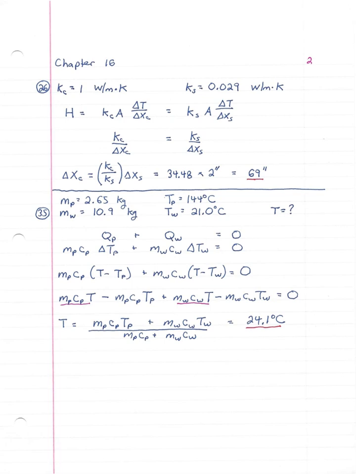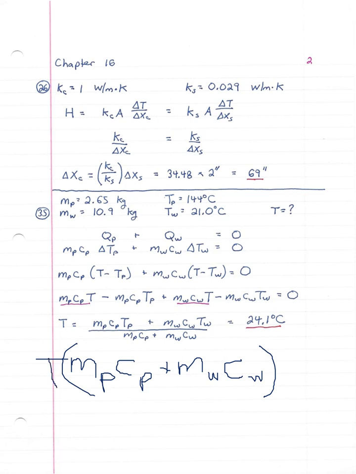Sorry, the handwriting isn't so good. Well, let's factor out the T from that. So I'm just writing out what's on the left-hand side, and then we're going to factor out the T.